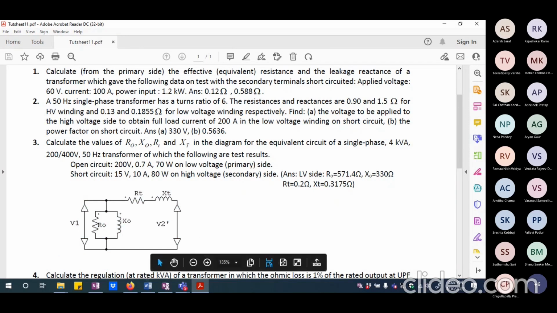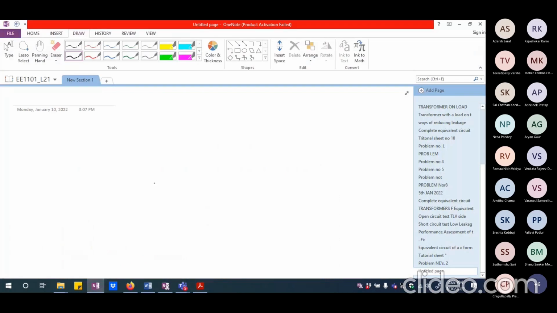So parallel parameters are always determined by no load test, and series parameters are always determined by the short circuit test. So let us try to look at, this is a 200 by 400 volts 4 kVA transformer.